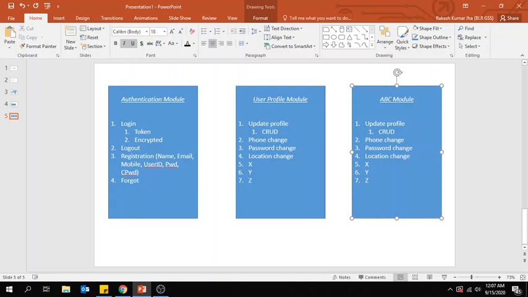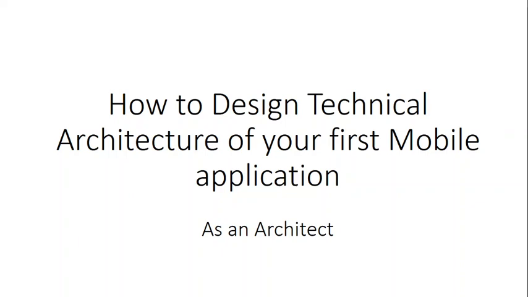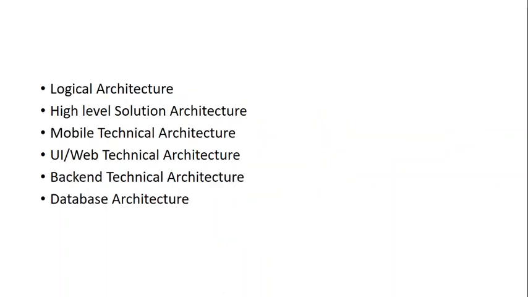So basically what we did here: when we think about any technical design, any architectural design and solution, we have to think through the logical architecture, then the high level solution, then the mobile technical architecture, the web app technical architecture, the backend technical architecture, database architecture, and so on.